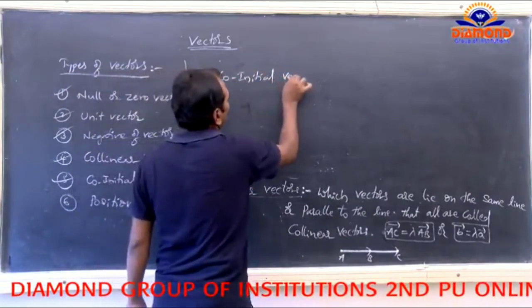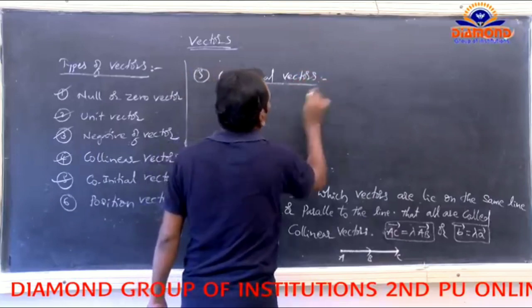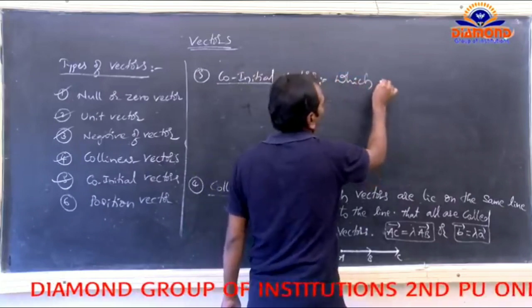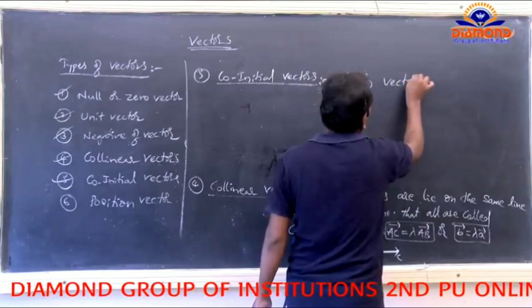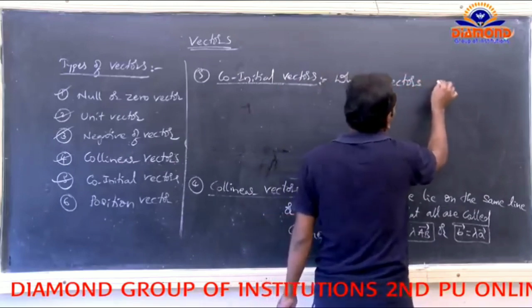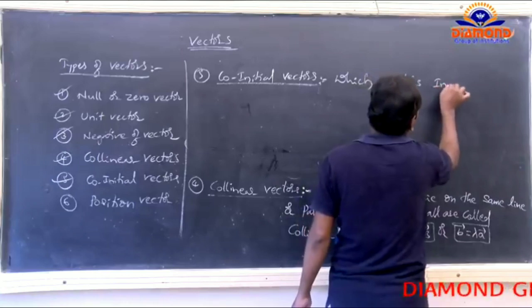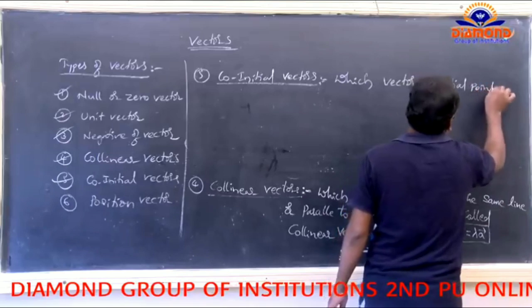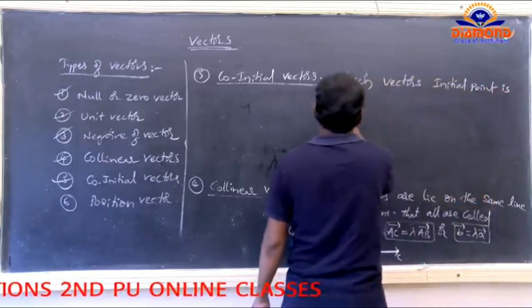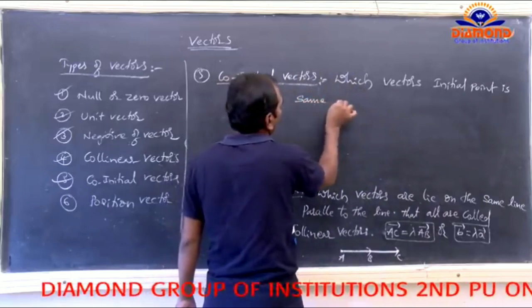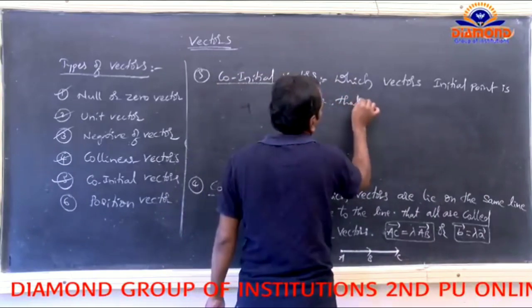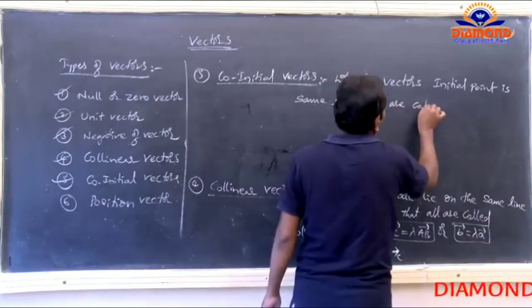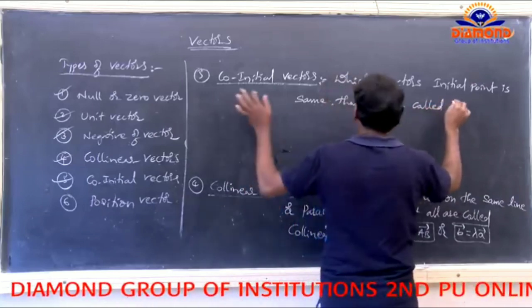Co-initial vectors: which vectors have the same initial point, that all are called co-initial vectors.